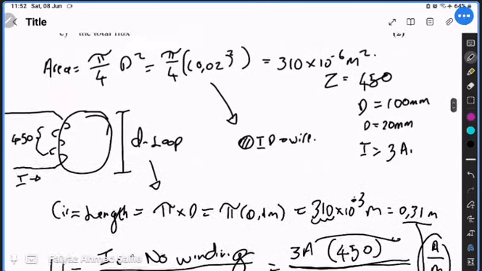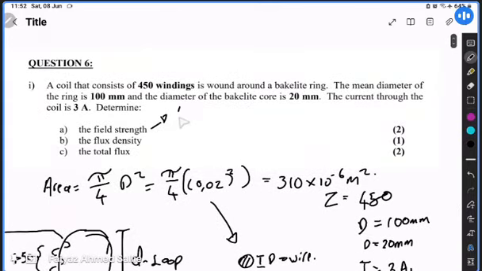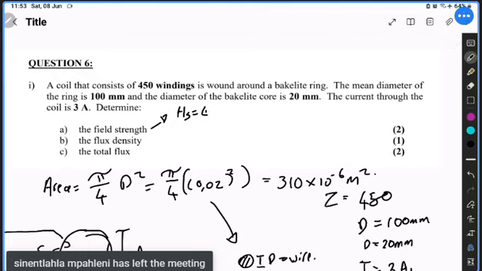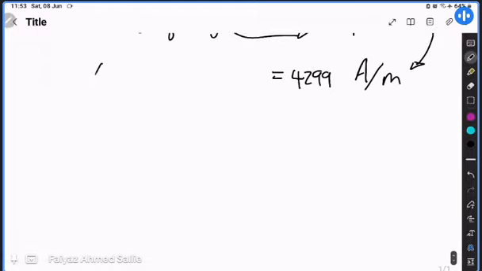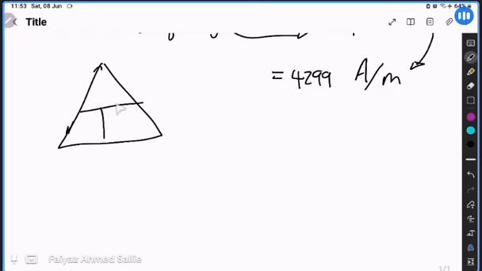Okay, so we're going to write the field strength is equal to 4299 amps per meter. The next is our flux density, and we know from our triangles, we normally have a triangle, right? I like triangles, easy to remember, but I think it might just be on your formula sheet.